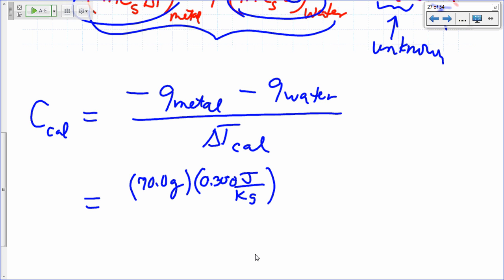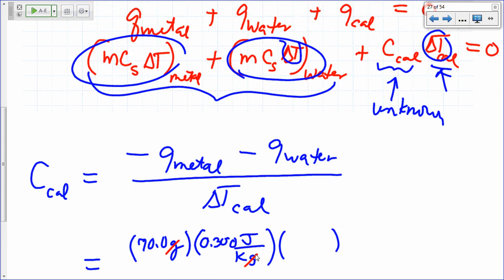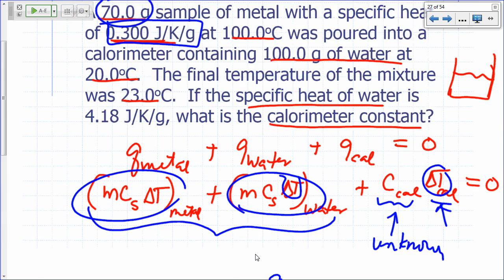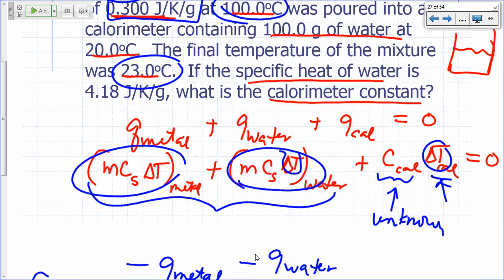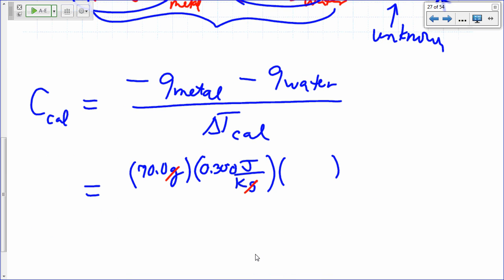So gram cancels out. And what's the delta T for the metal? Negative 77. It went from 100 to 23, right? So 23 is the final minus the initial, which is 100. So this would be negative 77.00.